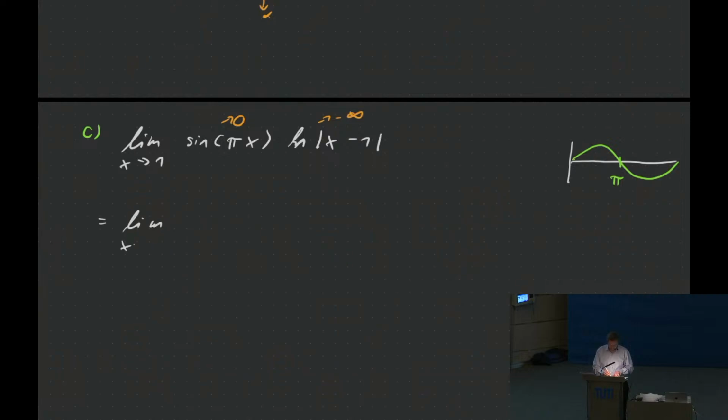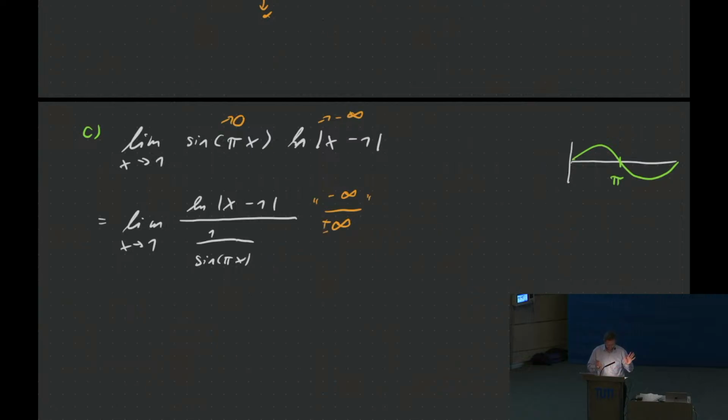Basically, the first idea is to rewrite that as ln of the absolute value of x minus 1, over 1 over sine of pi x. Of course, that complicates things a little, but now we have a situation that is something like minus infinity over infinity.